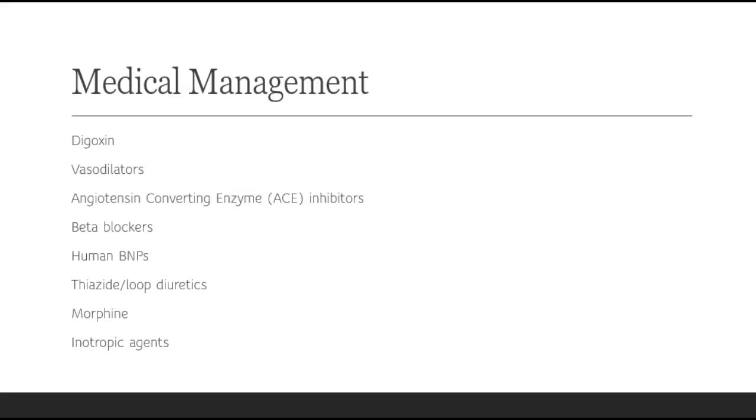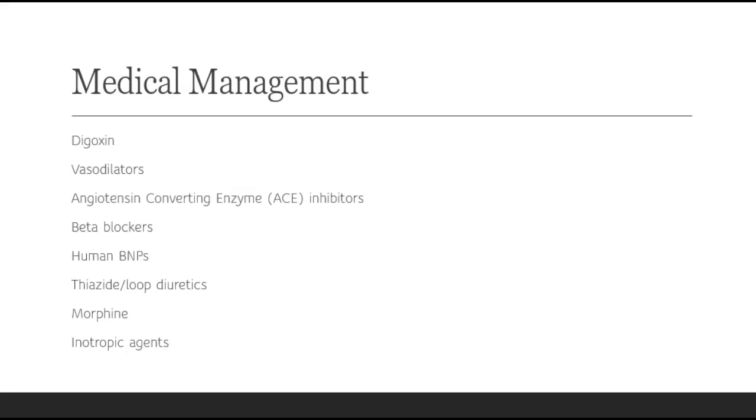Human BNPs, nesiritide. These are going to be used a lot in your acute heart failure patients that are decompensating. It's going to help with the shortness of breath that they're having. Thiazide and loop diuretics decrease the fluid overall. That helps decrease edema and pulmonary congestion.